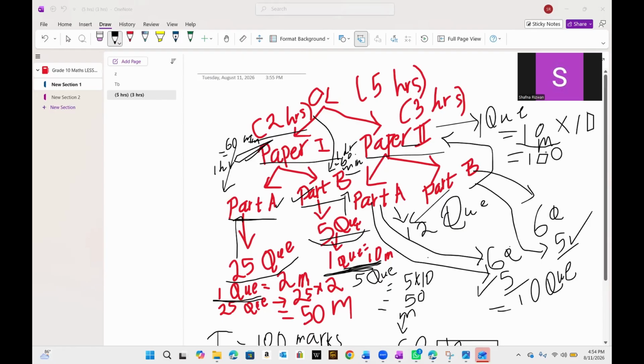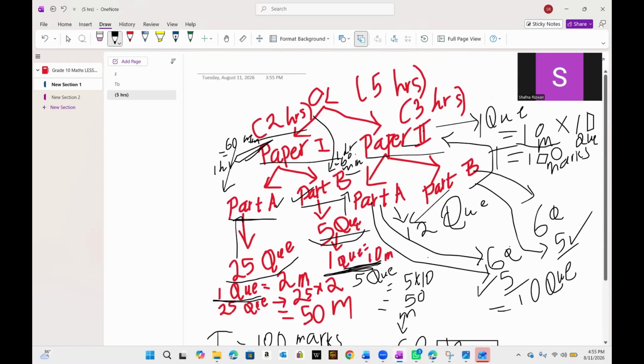Remember that if one question is 10 marks, and you do around 10 questions, then how much will your marks be? 10 multiplied by 10 is 100. So in paper 2, you will get around how many marks in total? That is 100 marks.